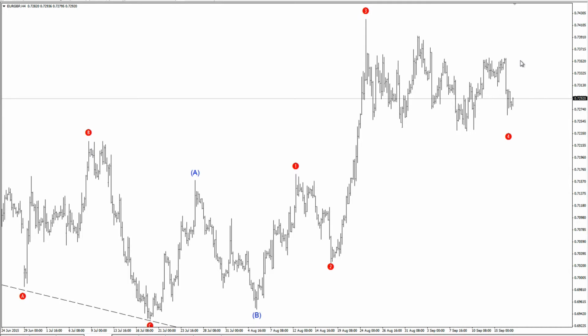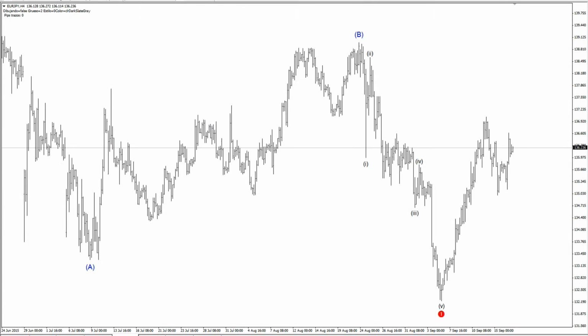So we are back on a sideways range, and it's very hard to say at what stage we are in right now. Key levels on Euro Pound. 0.7265 is the next support on the downside, and 0.7319 is the resistance level. So nothing major has happened here.